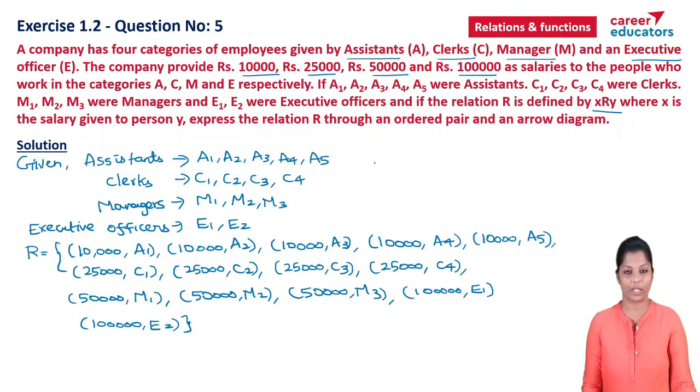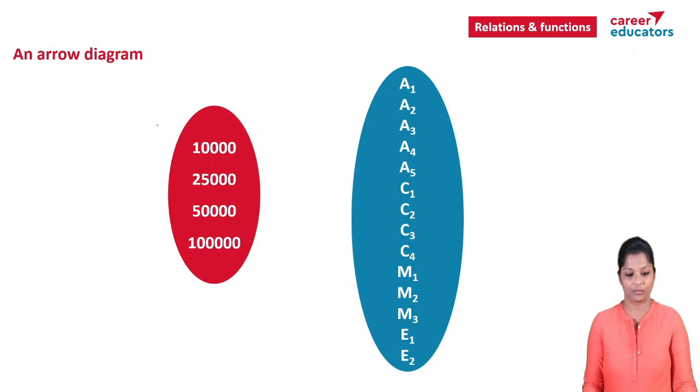Next we have to express this relation by arrow diagram. Write all the salaries here and write all the employees here.